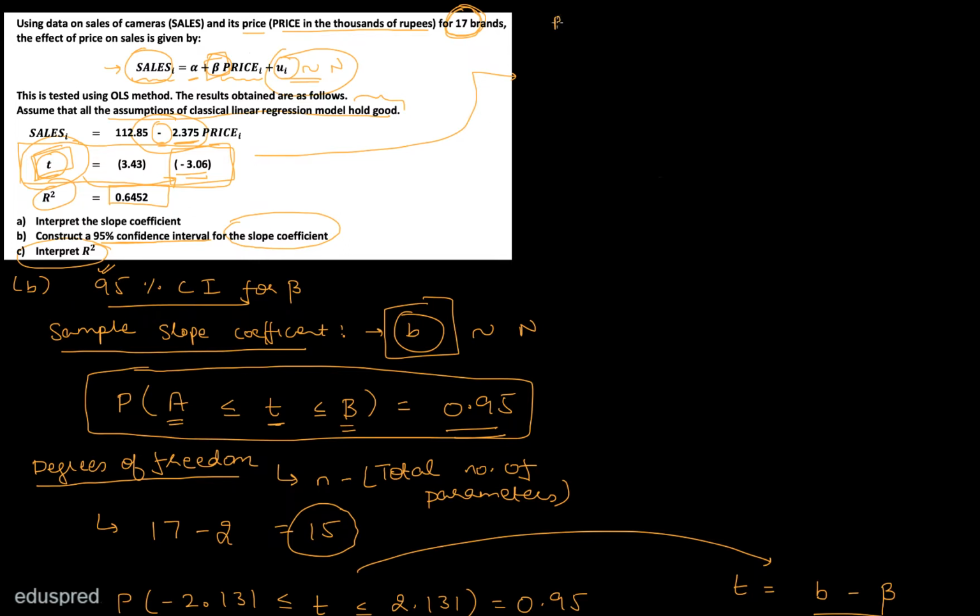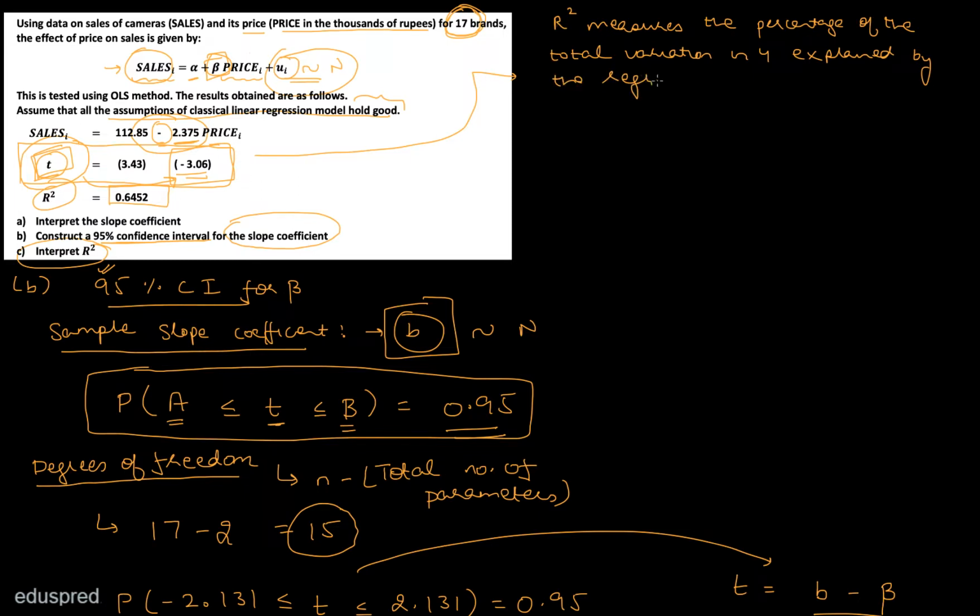The general interpretation of r square is that r square measures the percentage of the total variation in y explained by the regression model. In this interpretation, y is your dependent variable.